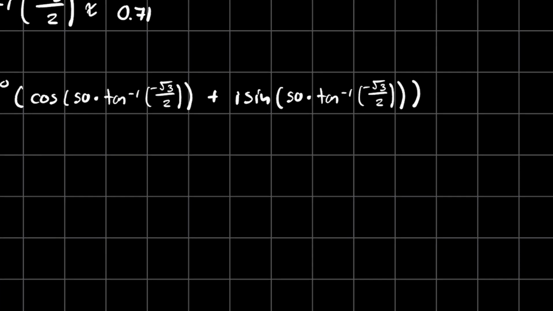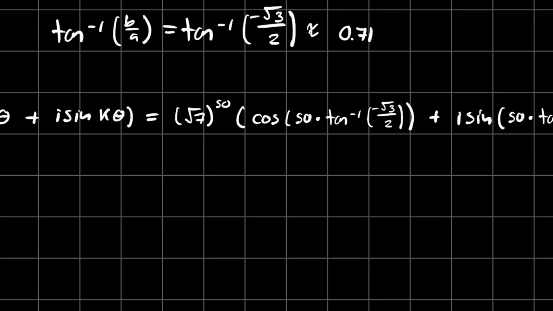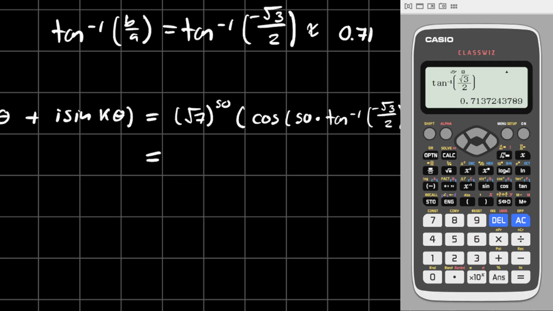So once we have that, we can just put it in our calculator. Let's do that real quick. Open our calculator here. Let's clear. Is it AC? Yeah, it's AC.